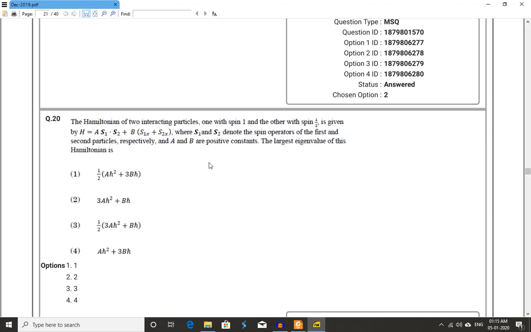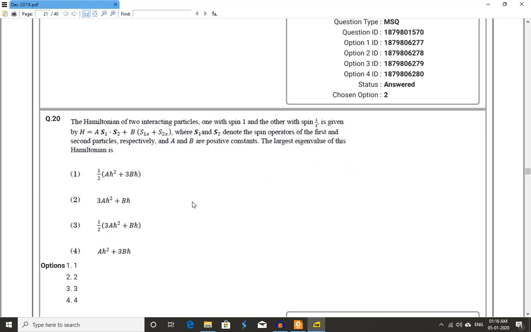You just see for which value the largest eigenvalue comes. The values of S1 will be 1, 0, minus 1, and S2 will be half and minus half. Then you check for which combination the eigenvalue is largest, then get the result. Only thing is for S1.S2 you use S square minus S1 square minus S2 square, divided by 2.